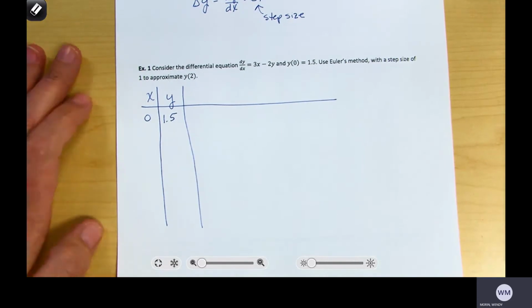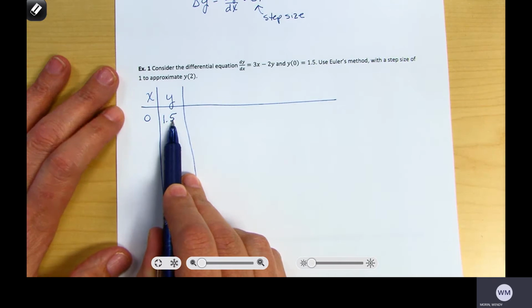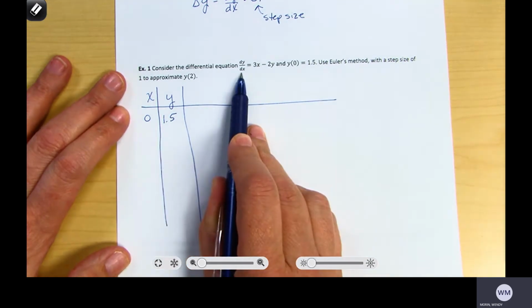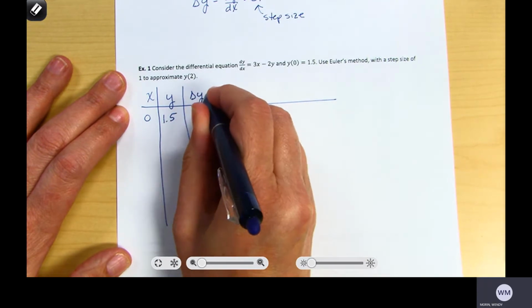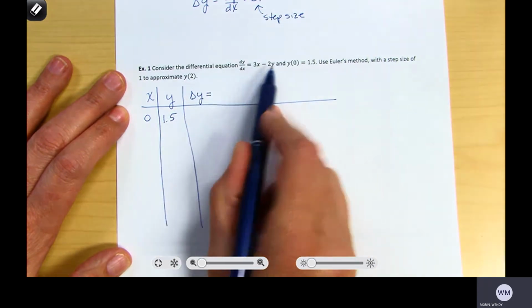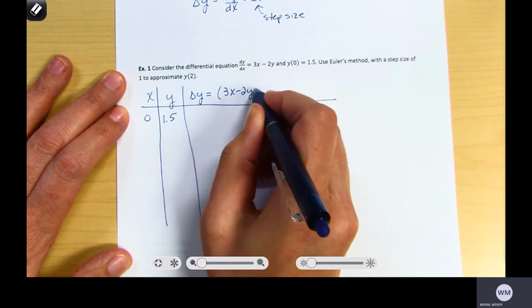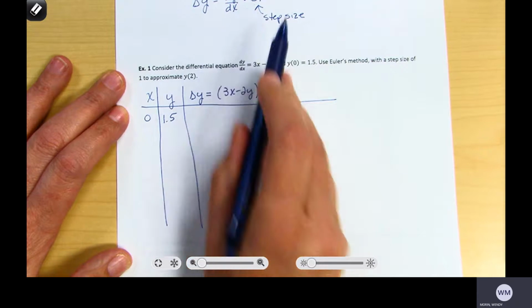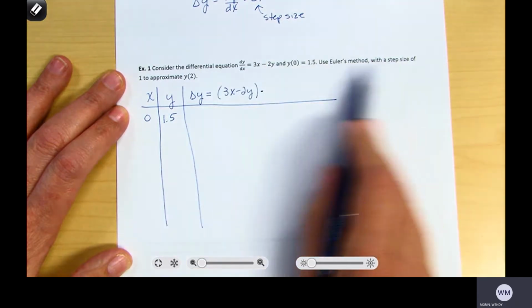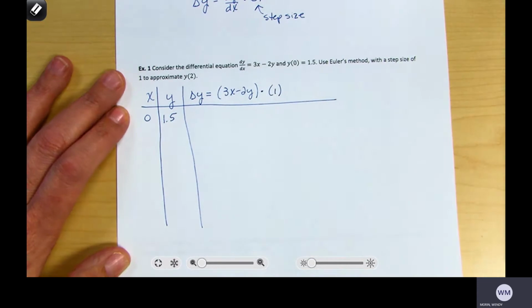So what we're going to calculate next is, if you're starting at 1.5, what is your change in y if this is the given derivative? So again, your change in y is equivalent to the given differential, which is 3x minus 2y, times your step size. In this case, they want our step size to be 1.